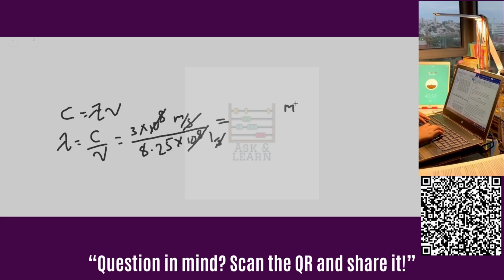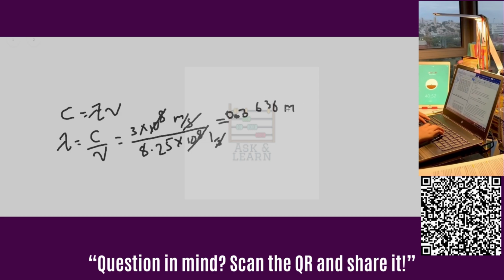Now all you need to do is 3 divided by 8.25, which gives us 0.3636, repeating.